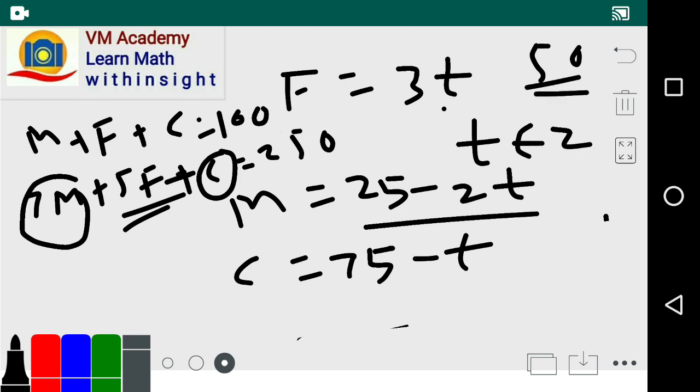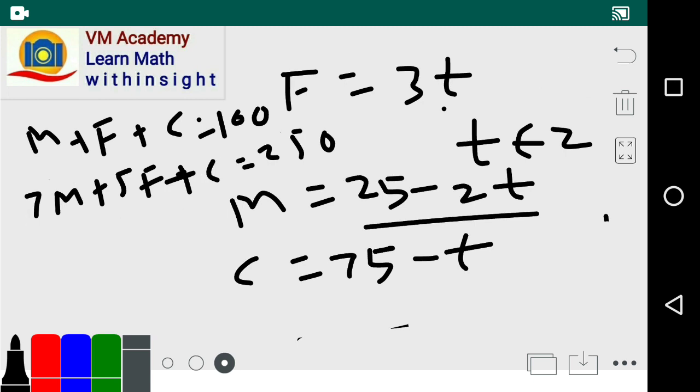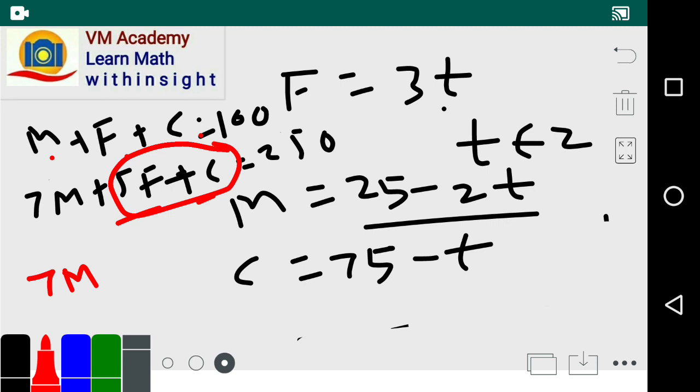So if m and c are 0, then f becomes 50. And if these two terms are 0, then 7m, because m, f and c are positive, so this must be positive.